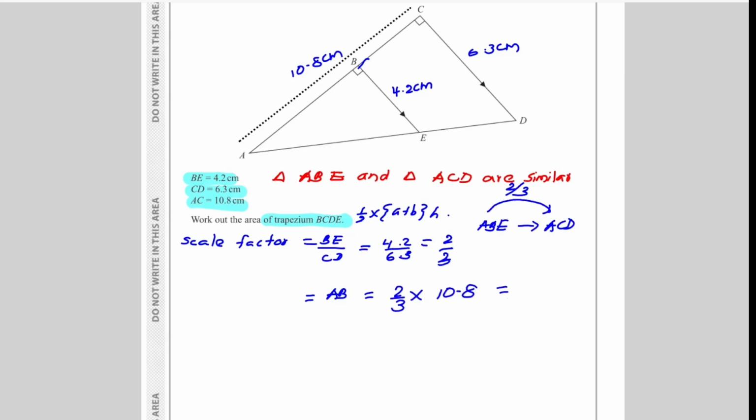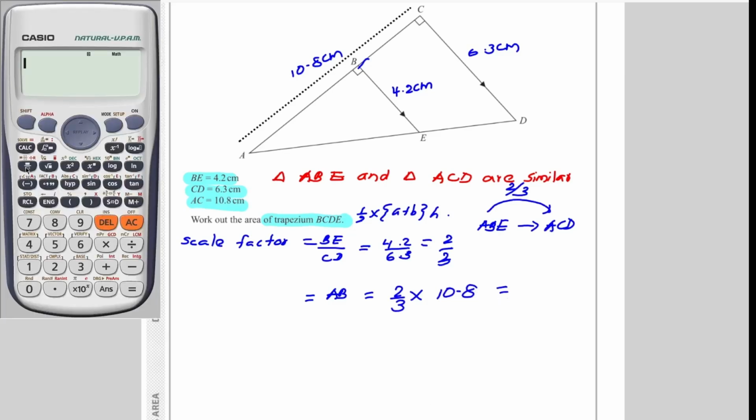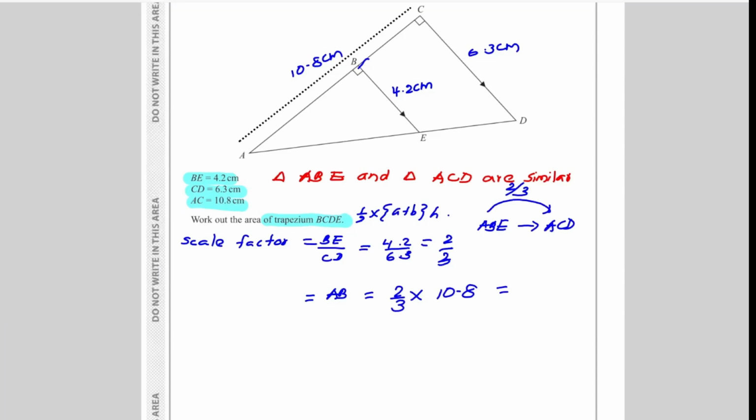So 2 over 3 times 10.8 is 36 over 5. So this length is 36 over 5.